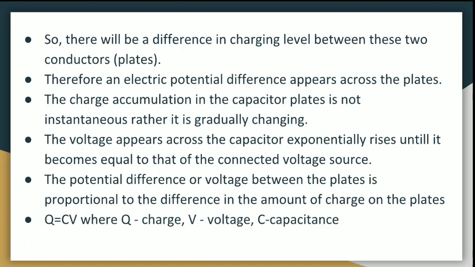The voltage across the capacitor rises exponentially until it becomes equal to that of the connected voltage source. The potential difference or voltage between the plates is proportional to the difference in the amount of charge on the plates. Q = CV, where Q is charge, V is voltage, C is capacitance.